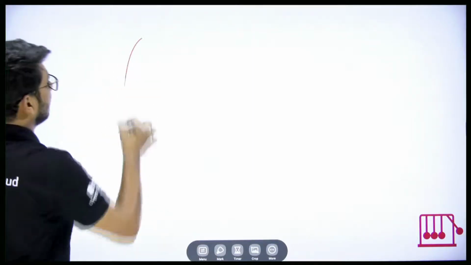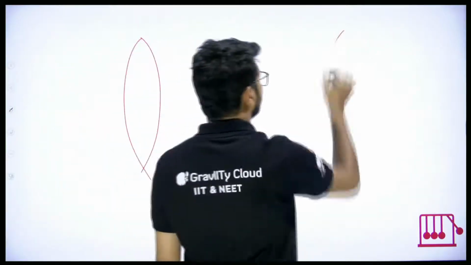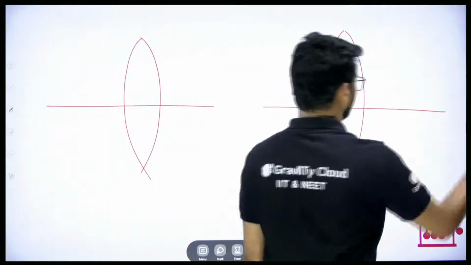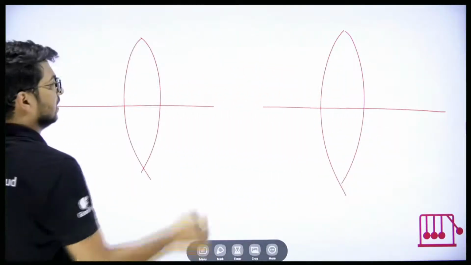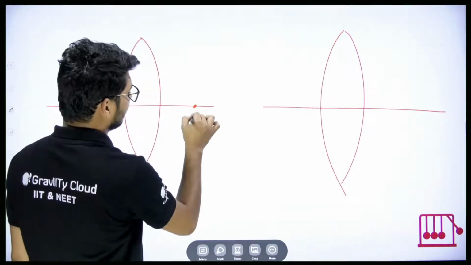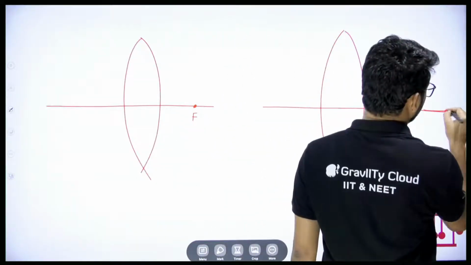Now let me take a convex lens. I'll take two cases. Let's say in this case, the focus is here, and in this case, the focus is a bit far away, somewhere here.